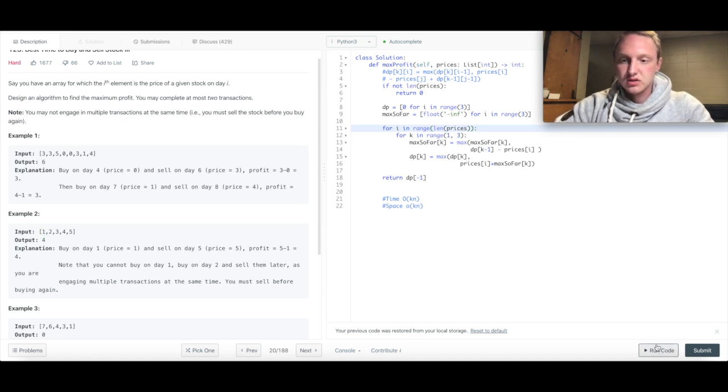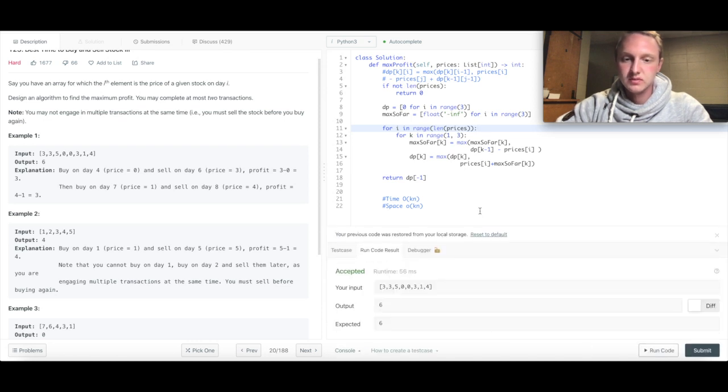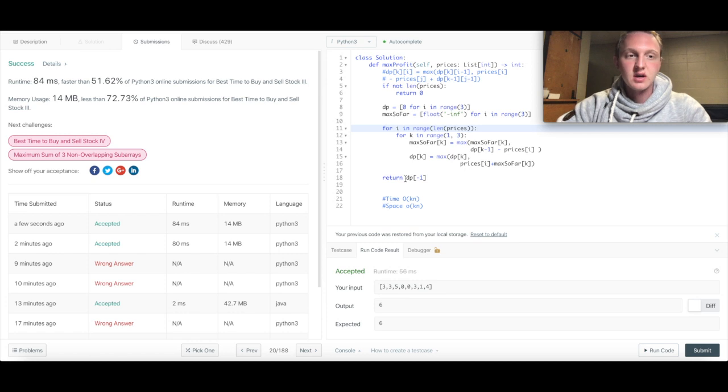Let's try running the code. Okay, so it gives us the accepted output. Let's try submitting it. Okay, it also gives us the accepted successful output.